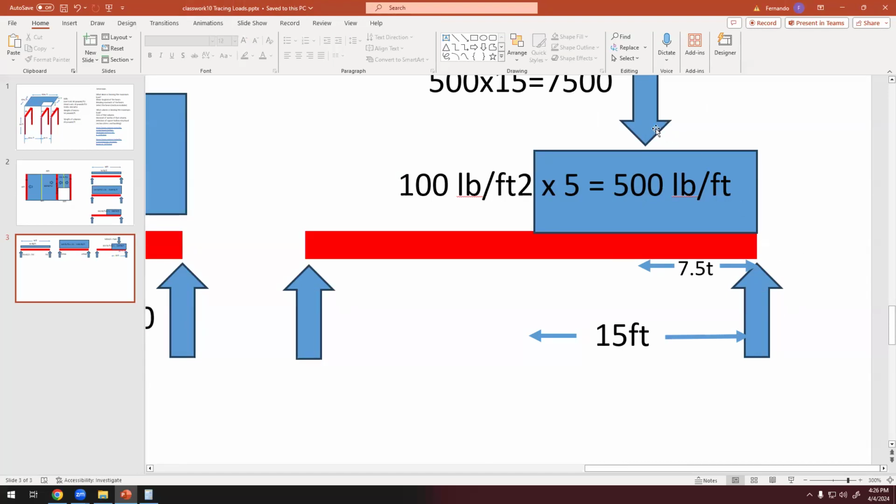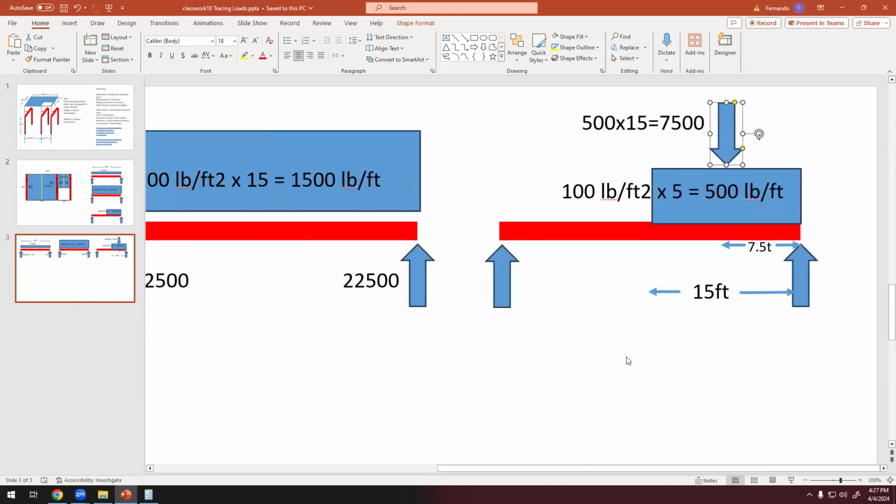Okay, so I think now it's clear. This resultant is applied here, dividing this uniformly distributed load by half. So the total length is 15, so that would be 7.5.